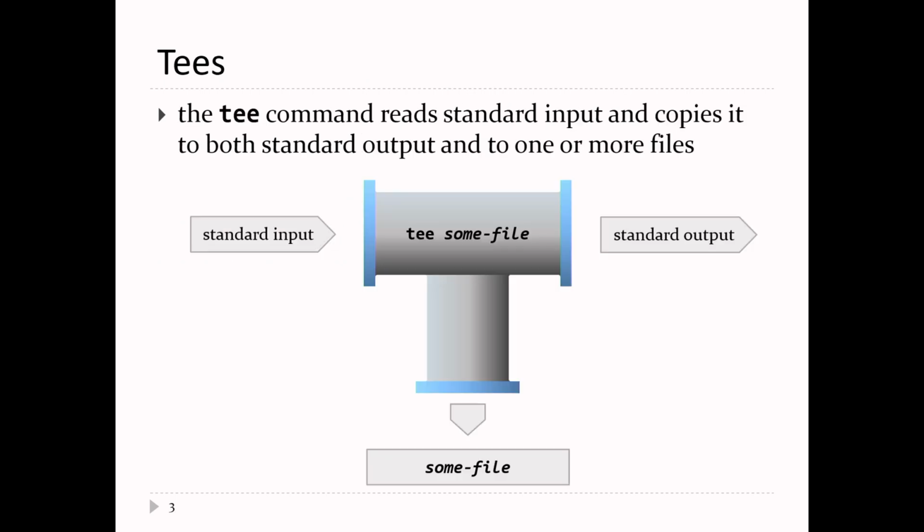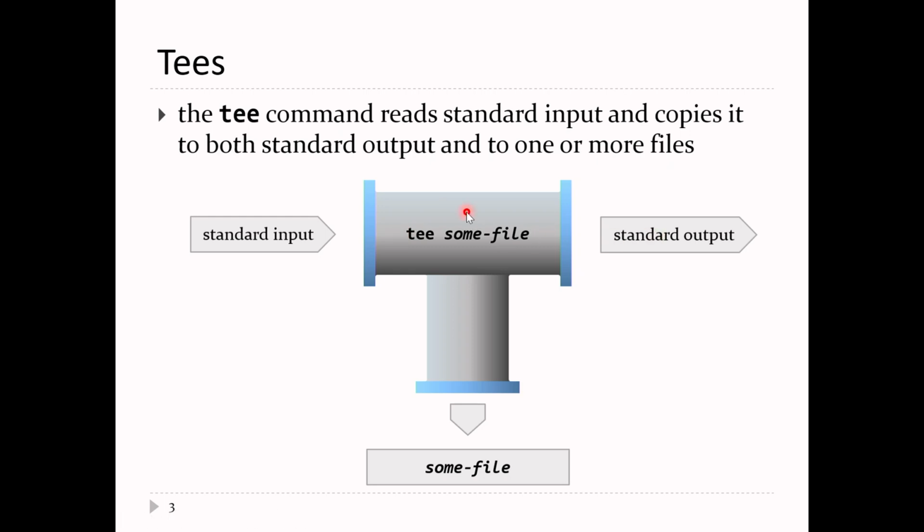The mechanism that sends output to a file and also sends the output further down the pipeline is called a T. And the T is just another program, just a command. The T command reads standard input and copies it to standard output, in other words, it passes it down the pipeline, and it also writes it to one or more files.